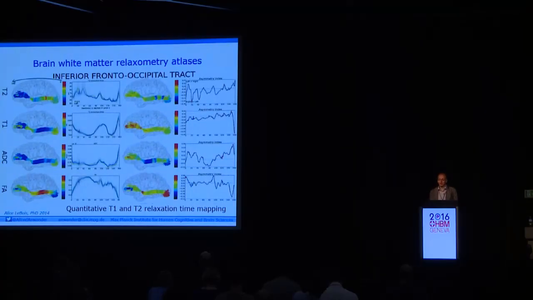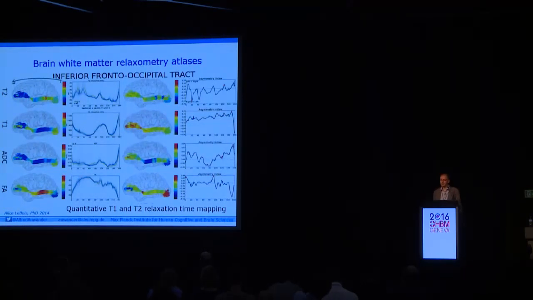There they measured quantitative T1 and T2 relaxation times and mapped them on the fiber bundles, once along the tract, as you see here in these along-the-tract values, and also for the whole tract to put it then in the connectome analysis.